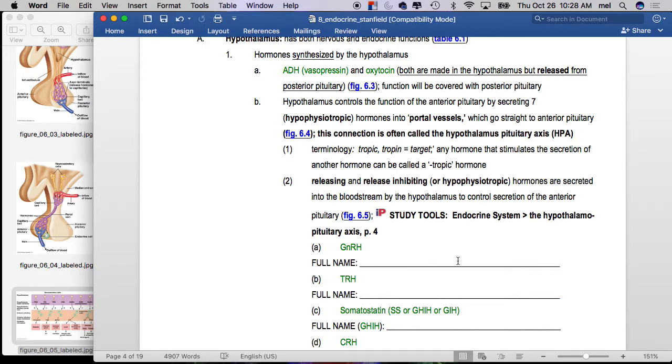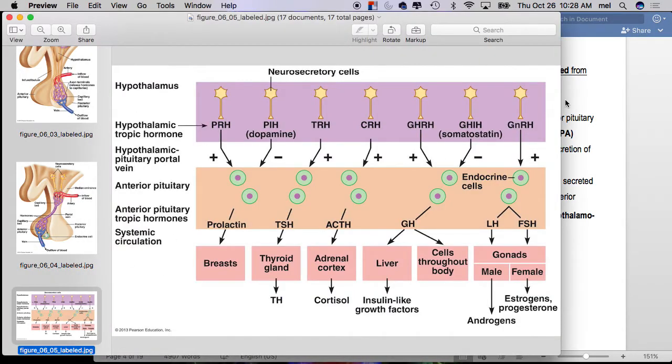So we're going to talk about these. So the first one we're going to do is right here, which is GnRH. I want you to listen to the name of it. So this hormone is called gonadotropin releasing hormone. Where is it headed? You would think the gonads, except that it's a releasing hormone, right? So it is going to the anterior pituitary to cause the release of something headed to the gonads, yes?